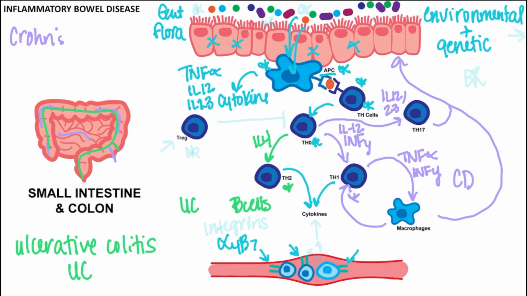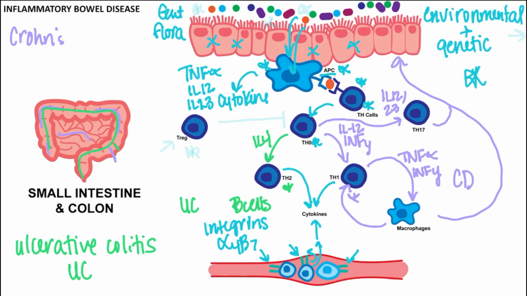And these integrins are very important for T cell homing to the gut. And once these integrins interact with their integrin receptor, they can then move from the peripheral circulation and be recruited to the site of inflammation in the GI tract to begin this cascade.